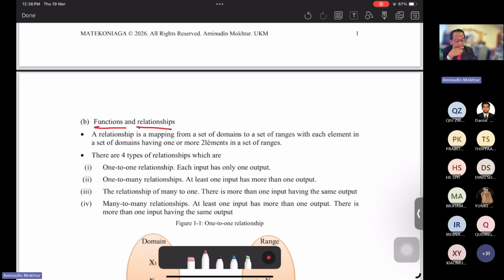A relation is a mapping from a set of domain to a set of range, where each element in the domain has one or more elements in the range. So when we talk about a relationship, we refer to the domain and range.